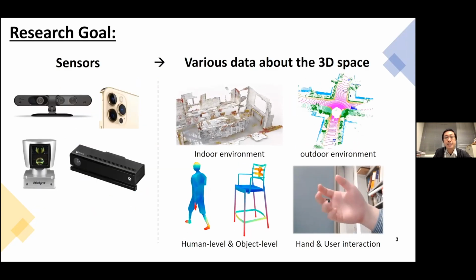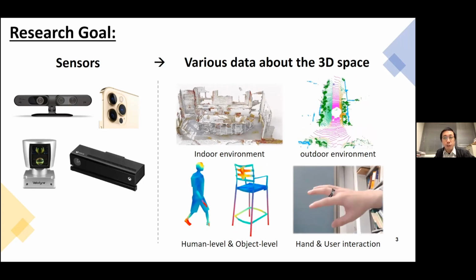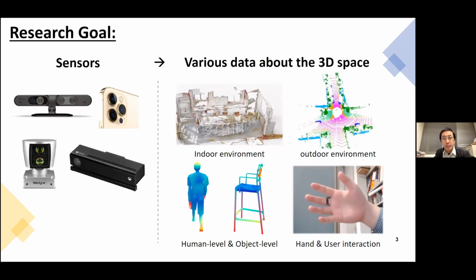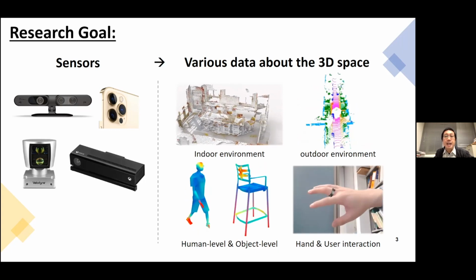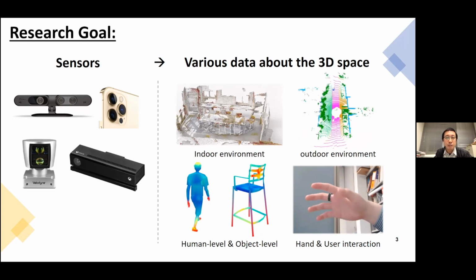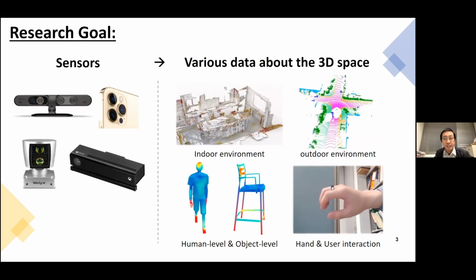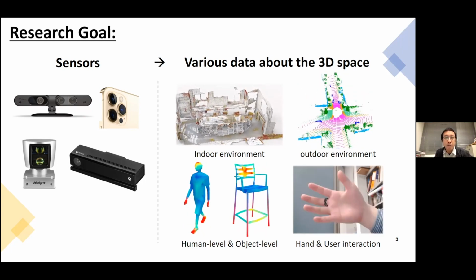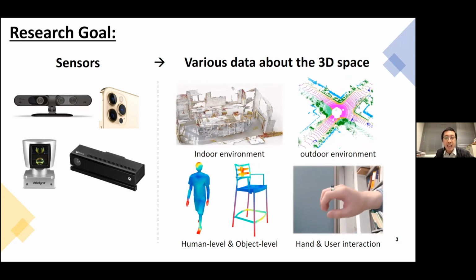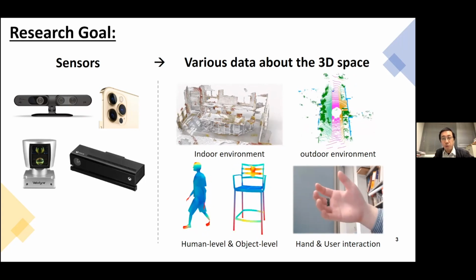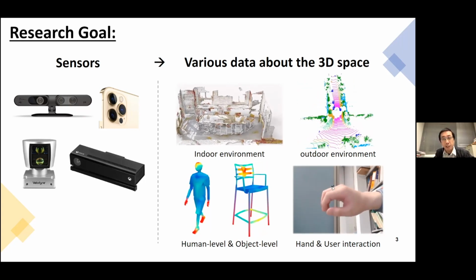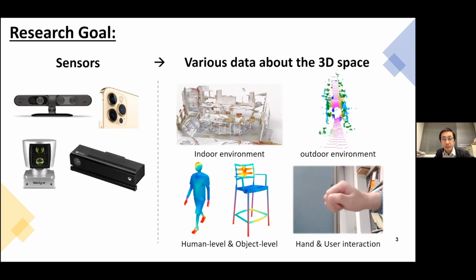Okay, so let's get started. When we start a research project, we must start with a clear research goal. So what is the goal of the 3D sensing pipeline? I mean that after we use various kinds of sensors to acquire data about our physical environment, no matter whether the environment is indoor or outdoor, at object level or human level, what we may achieve with the acquired data is the key issue.